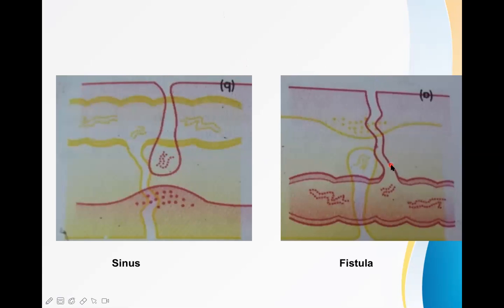Whereas on the other side, both the ends are open. Here is one opening, here is another one, and this has led into another lumen. Probably this is the intestine. So this is a fistula. To make it very easy, one end of the sinus is open, and the other end is blind or closed, whereas in fistula, both ends are open.